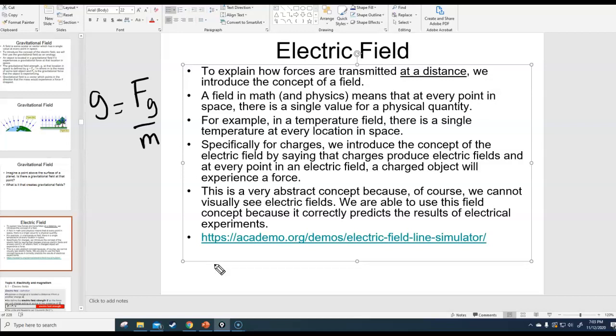And I realize, by the way, this is a very abstract thing I'm talking about, and so I apologize if this is confusing to you. It is somewhat expected to be very confusing because it is a very abstract type of thing. And in a second, I'll try to show you some simulations of what electric fields kind of look like, so you can try to visualize what I'm talking about. But it's kind of difficult to explain in words.